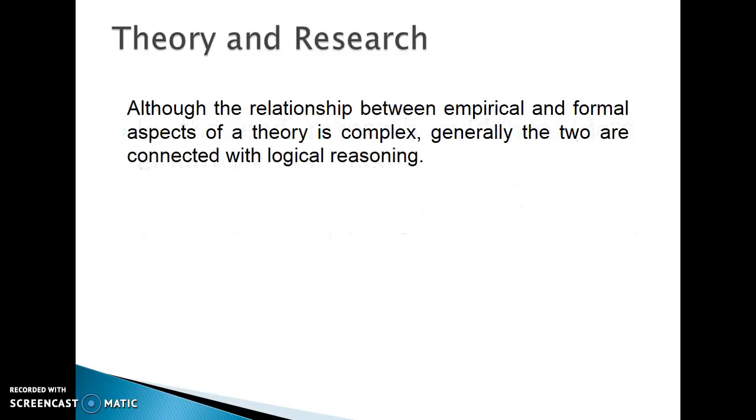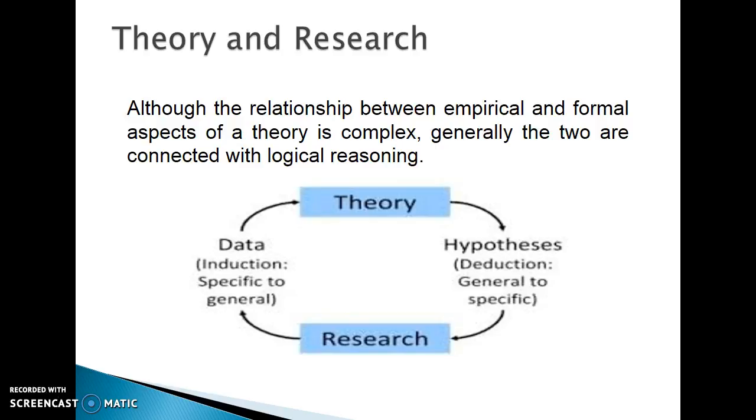Now, although the relationship between empirical and formal aspects of theory is complex, generally the two are connected with logical reasoning, right? So here we see we do research, we use data in research, and theories come out of data. We use the data to create theories, and we have hypotheses, and these in turn we use in research.